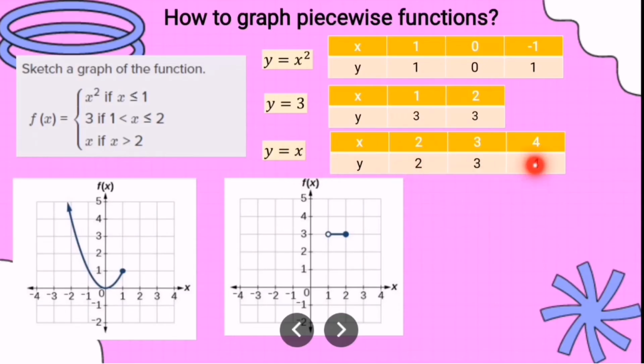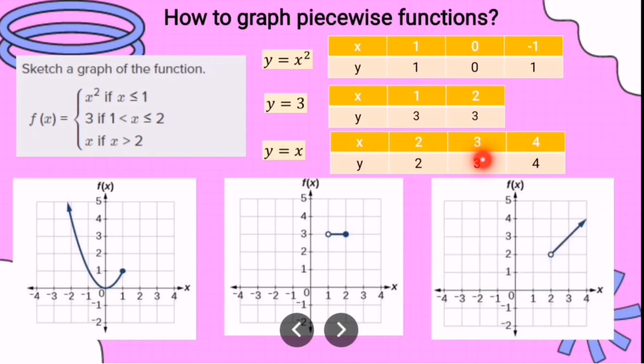When x is equal to 4, the value of y equals 4. So here is the graph of this following equation. We have positive 2, positive 2, positive 3, positive 3, and positive 4, positive 4. And as you can see, our graph is an open circle. Our line is going upward to the right.